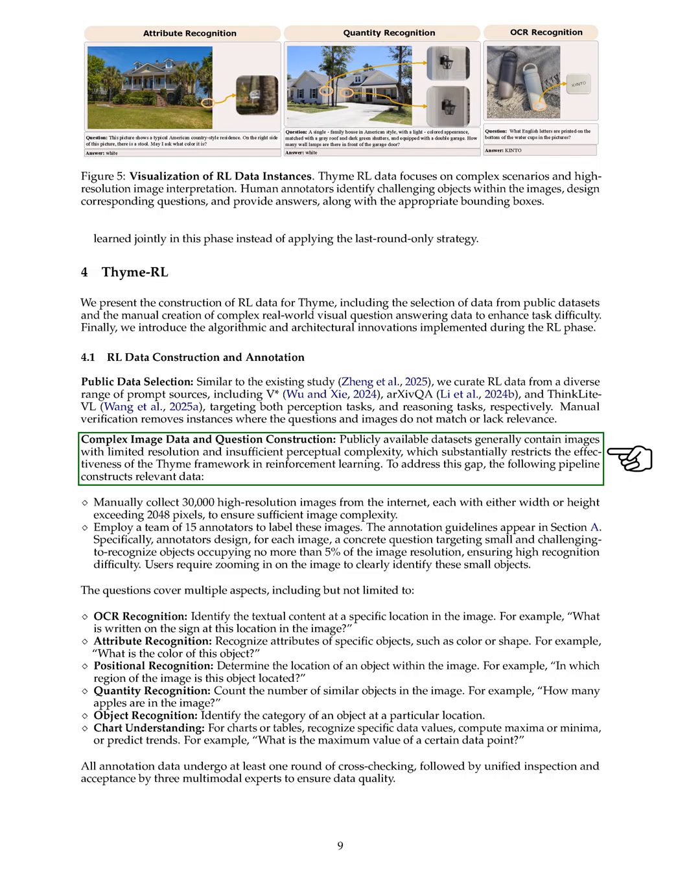A team of annotators labels these images, creating challenging questions that require zooming in to identify small objects. The questions cover various aspects, such as recognizing text, attributes, positions, quantities, and object categories, as well as understanding charts. All annotation data undergoes thorough cross-checking and is reviewed by multimodal experts to ensure high quality.